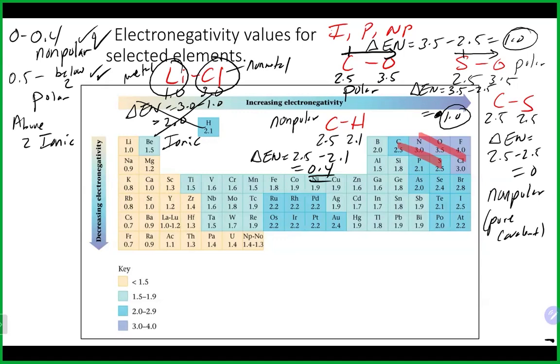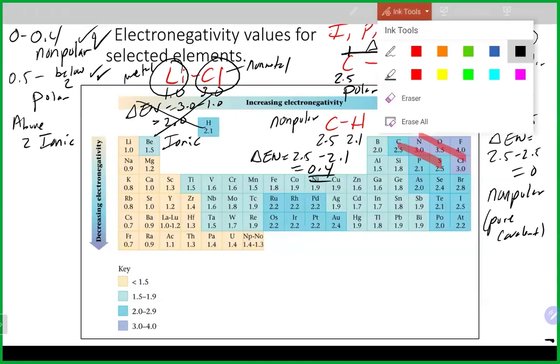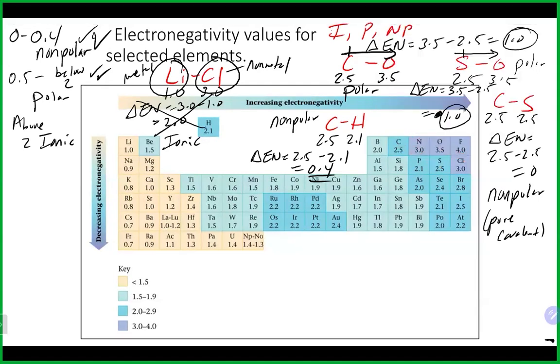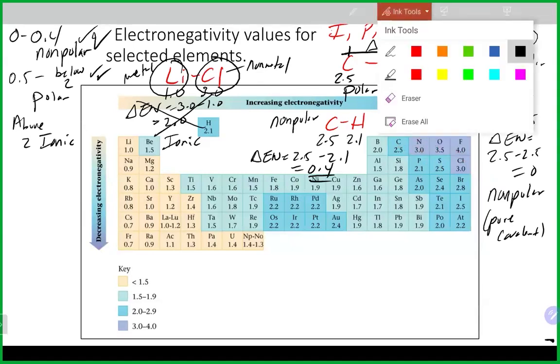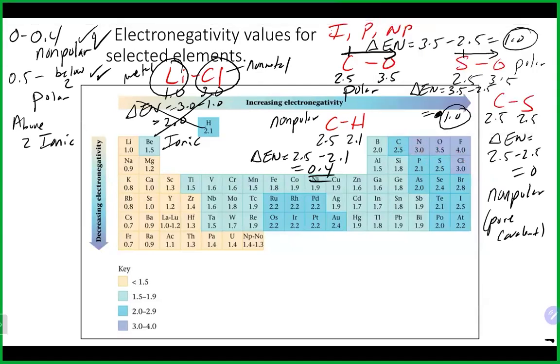Question on how to use electronegativity values there. Now, do you always need the actual values? The answer is no, you really don't. You can pretty much make a pretty good estimate just using the general trend in electronegativity, especially, for example, if you're looking at something that's either in the same group on the periodic table or the same period on the periodic table.